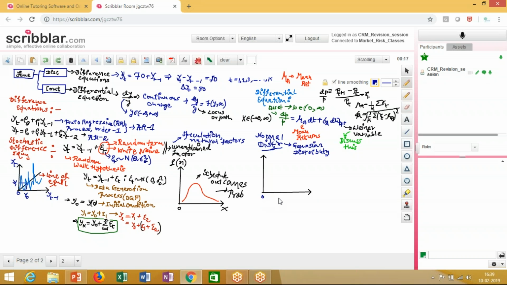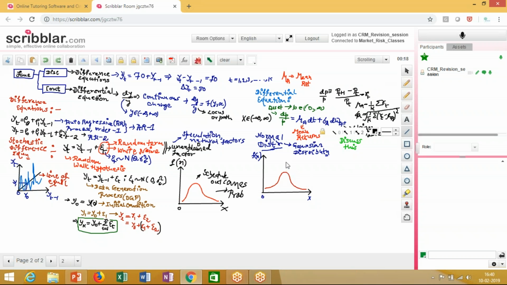So this is 0, this is x, this is f(x). Okay, so this is a typical example of a normal distribution.